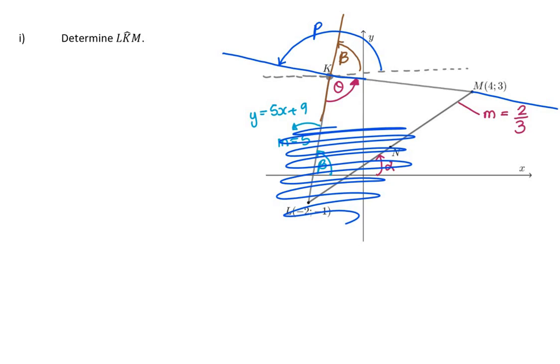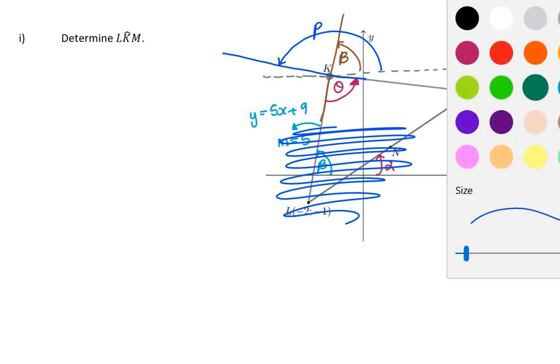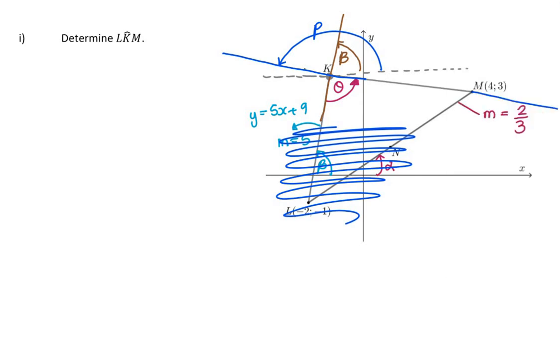Now, how can P and beta help me? If I'm looking for this angle here, is that not vertically opposite to the angle that I need? Don't forget that these are two straight lines intersecting, and where two straight lines intersect, I have vertically opposite angles.